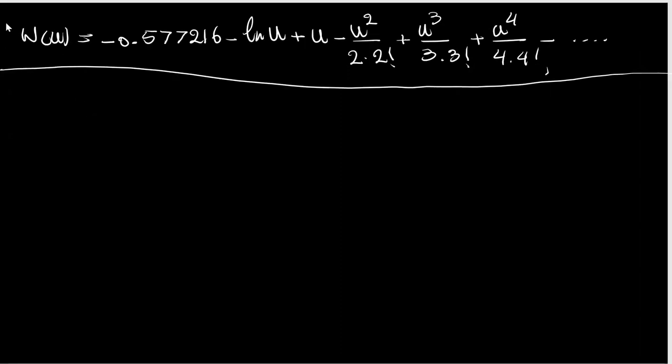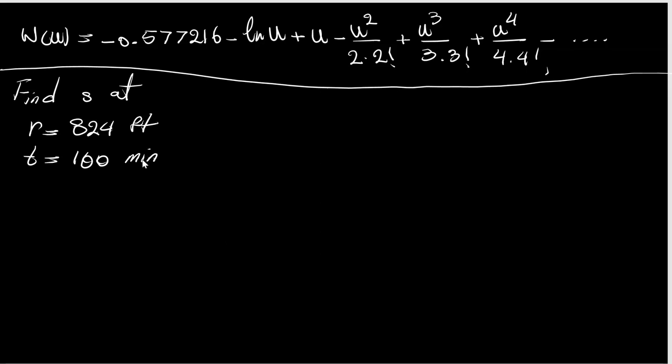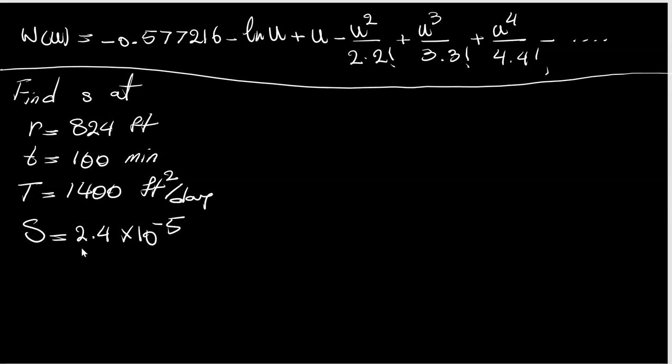For example, I want to find the drawdown at distance r, which is 824 feet from the well, at time 100 minutes, where the transmissivity is 1400 feet squared per day, the storativity is 2.4 times 10 to the negative 5, and Q_w is 42,400 cubic feet per day.